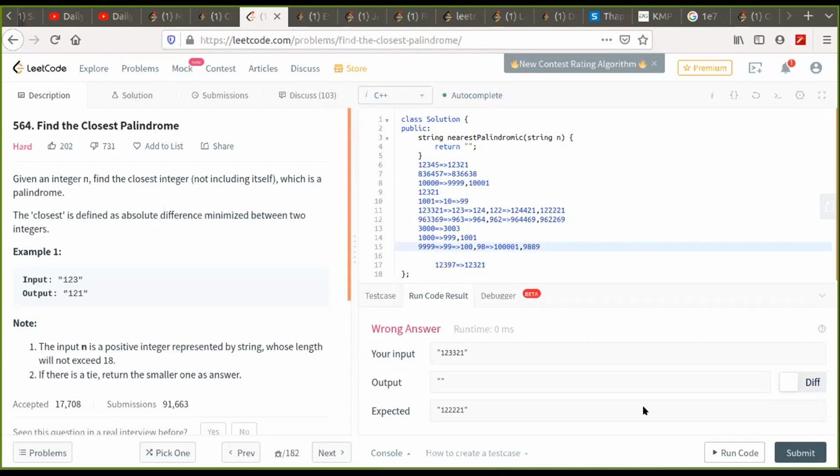Okay. Let's try it first for three nines, 999. We have not taken any number with an odd number of digits yet. So for this case, what we need to specifically do is, if we fetch the middle element, it's 9 only.